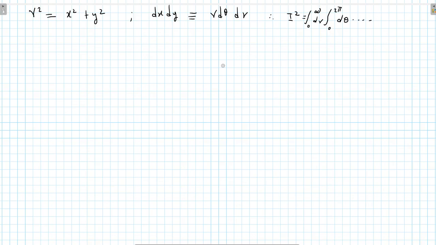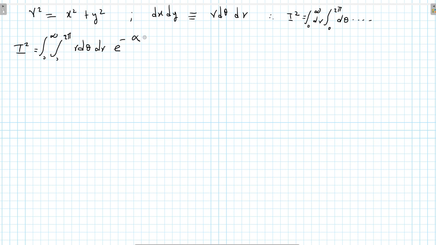I'll write it again here in a smoother way. I squared is equal to the integration from 0 to infinity, and the integration from 0 to 2 pi, of the area element in the polar coordinate system, r d theta dr, times e to the minus alpha.